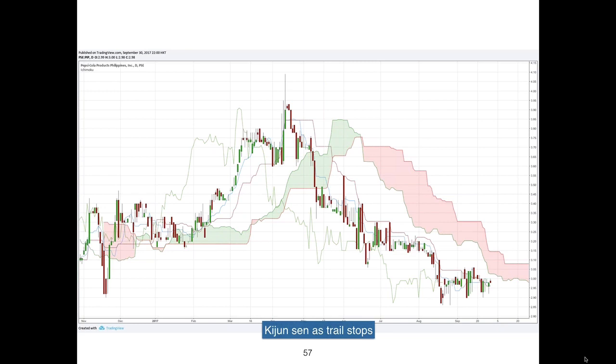From the previous examples, we learned that the Kijun-sen could also serve as your trail stop for trending stocks, so that the break below the Kijun-sen or your trail stop is a sell signal. The advantage of using the Kijun-sen over trend lines is that the Kijun-sen line adjusts with market volatility. Unlike trend lines, where you only draw a straight line from bottom to bottom, the Kijun-sen line actually follows prices so that it bends every time prices make a significant move.